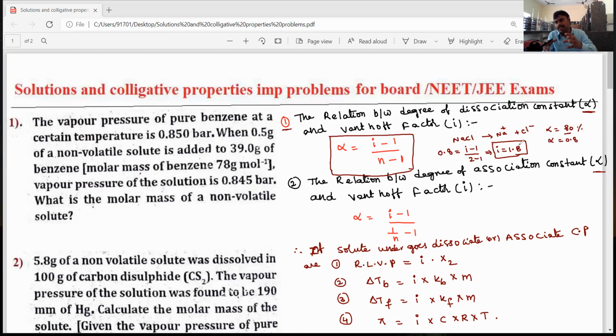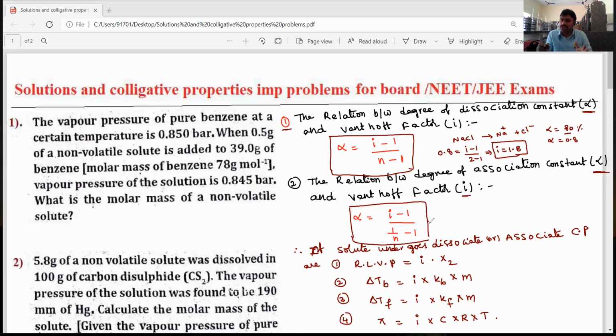If the association is 100%, then the i value for acetic acid or benzoic acid is equal to 0.5. If the association is not 100%, then the relation between the degree of association and the Van 't Hoff factor is alpha is equal to i minus 1 by 1 by n minus 1, where n is the number of molecules associated.